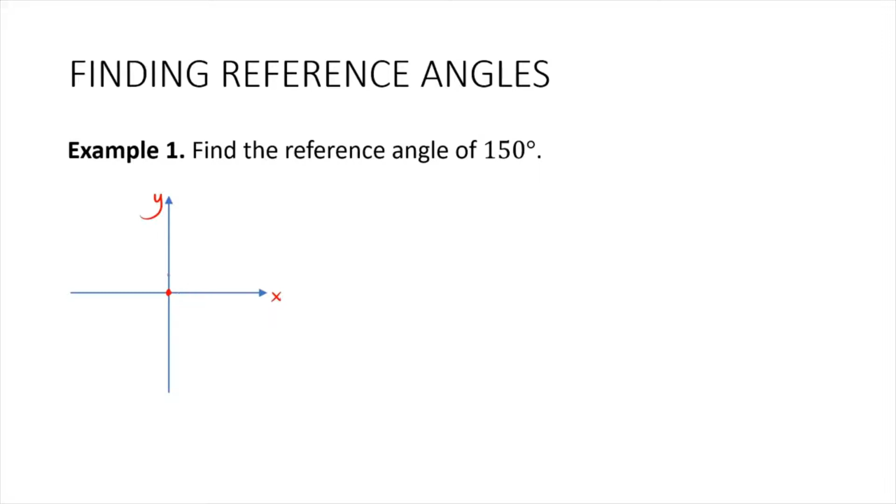Then all the way through the negative x-axis, this will give us 180 degrees or pi radians, the straight angle. And then the negative y-axis, going counterclockwise from the positive x-axis, gives us 270 degrees, or 3 pi over 2 radians. And then one revolution, of course, is 360 degrees or 2 pi radians.